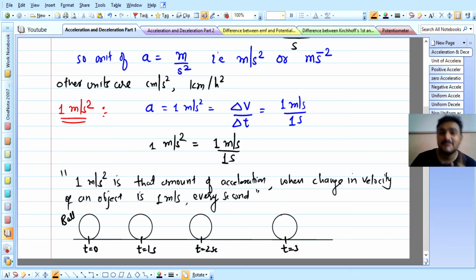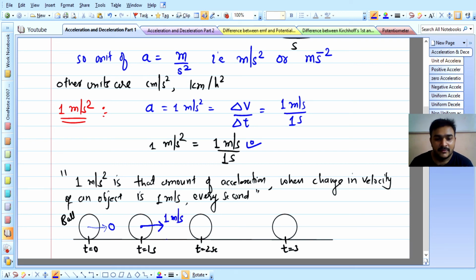So if this ball possesses 1 meter per second square acceleration, then its velocity will be, let us say, initially 0. If the velocity of the ball is initially 0, then its velocity changes by 1 meter per second every second. So at time t is equal to 1 second, it has a velocity of 1 meter per second.